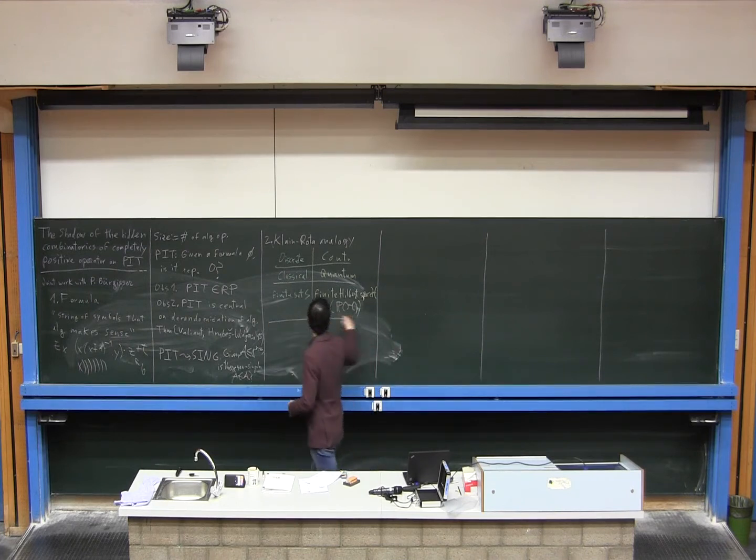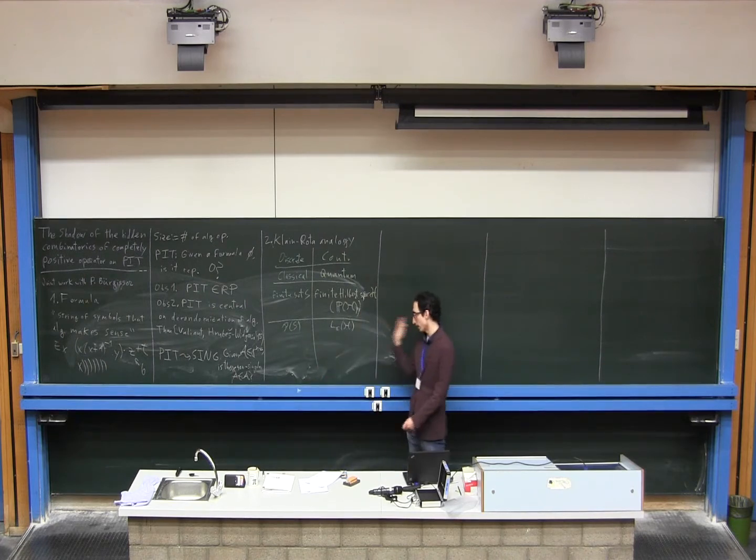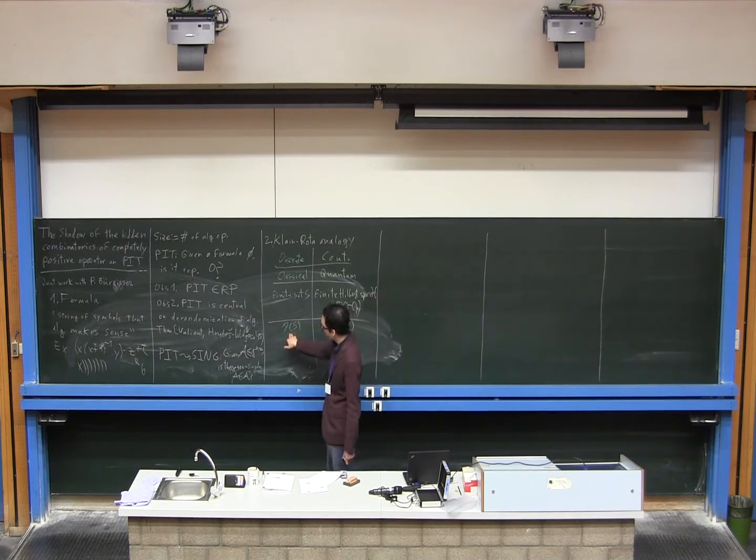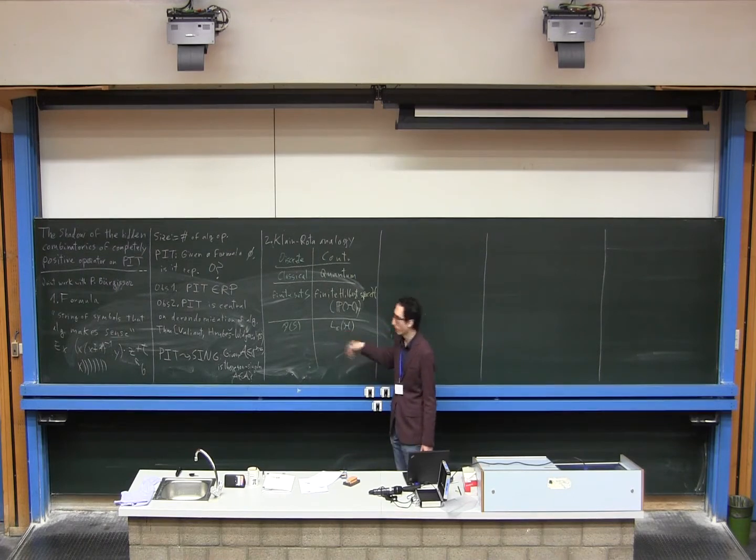Here you have two models relating this. On one side you have the lattice of subsets, and here the lattice of subspaces. These lattices are really similar and different. This lattice is reflected in the non-negative cone, and this one is reflected in the PSD cone.